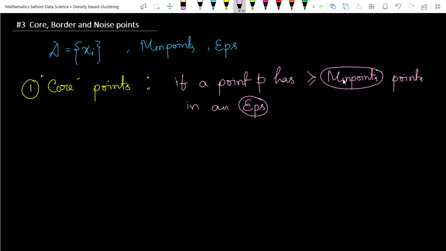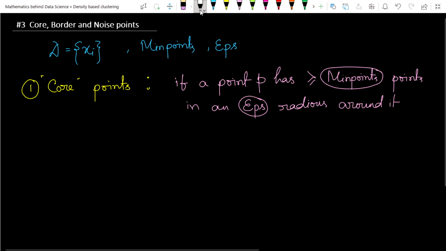These are the two hyperparameters, min points and epsilon. We already learned this concept in the previous lecture. So if a point P has a greater than or equal number of points in an epsilon radius around it, then we call this point P a core point.